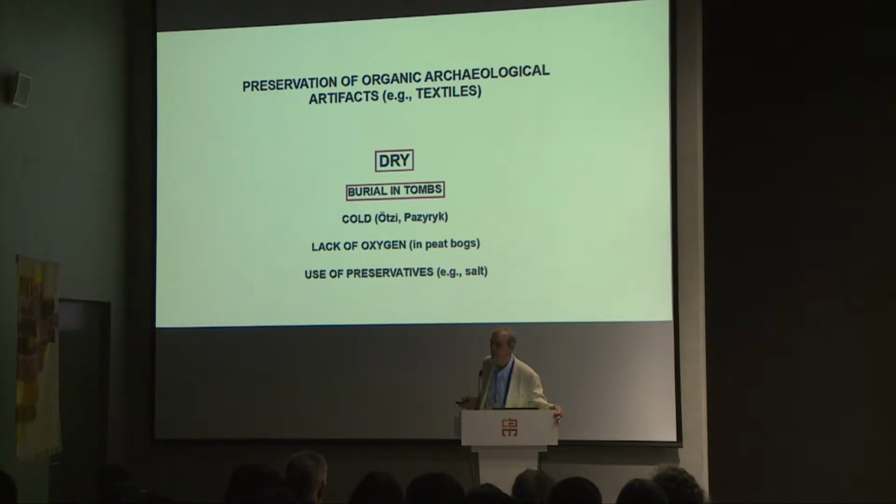And so some peat bogs in northern Europe have low oxygen, and so there's some examples there, although I personally have not analyzed those. And then we also have use of preservatives, for example, salt mines, because you can store meat by salting it.